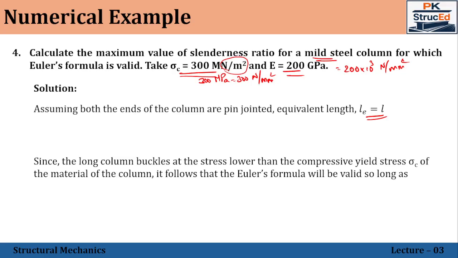And since the column buckles at stresses lower than the compressive yield stress sigma c of the material of the column, Euler's formula will be valid so long as sigma cr is less than or equal to sigma c. Here sigma cr is the crippling stress, and sigma c is the yield stress. So the buckling must occur before yielding.